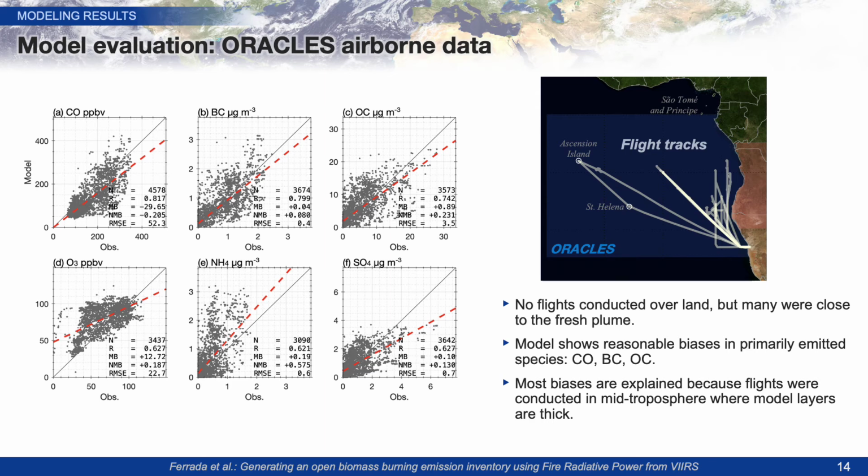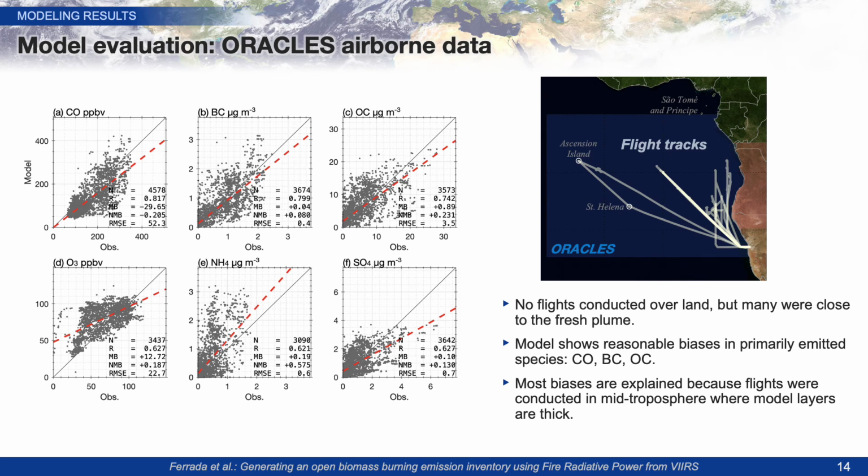When we compare against the airborne data from ORACLES, we also see some biases, but in general, the fittings and correlations are above 0.75 in the primarily emitted species, such as carbon monoxide, black carbon, and organic carbon. The other secondary species, such as ozone, ammonium, and sulfate, show higher biases and lower correlations, but this depends more on the model itself and its parameterizations rather than on the VFEI emission inventory.